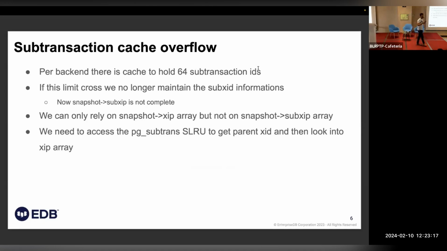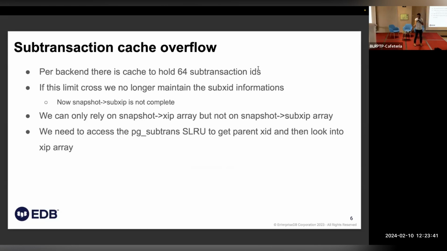So now the snapshot is called an incomplete snapshot. Incomplete in a way that the XID array is complete, because we know all the XIDs which were running concurrent to me, but the sub XID array information is incomplete. In such cases, the backend knows that it has overflowed the subtransaction cache.